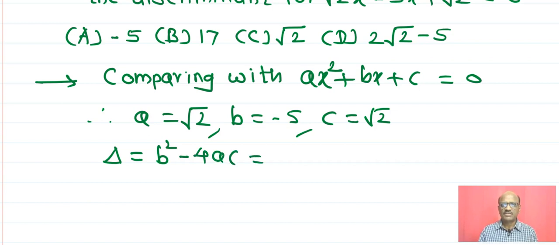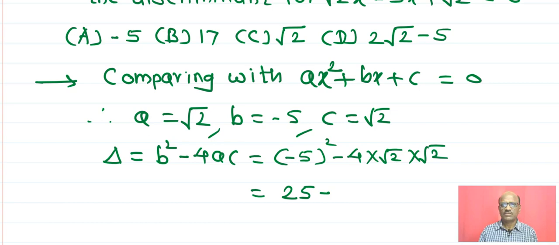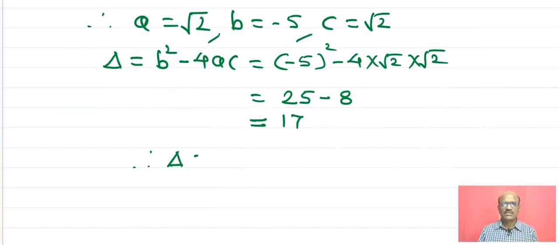The value of b is minus 5 bracket square, minus 4, a is root 2 and c is root 2. Therefore 25 minus 4, root 2 into root 2 is 2, 2 into 4 that is 8. 25 minus 8 is equals to 17. Therefore, delta is equals to 17. Hence, option B is correct.